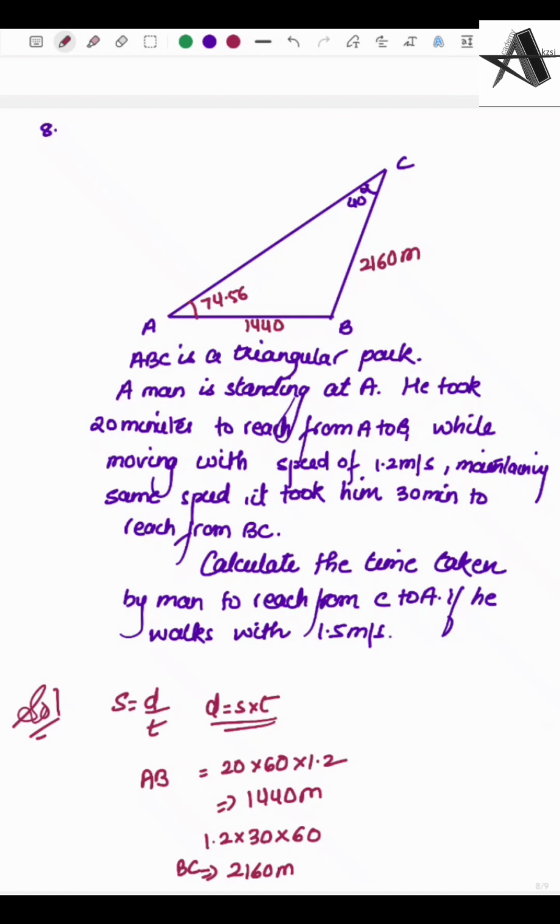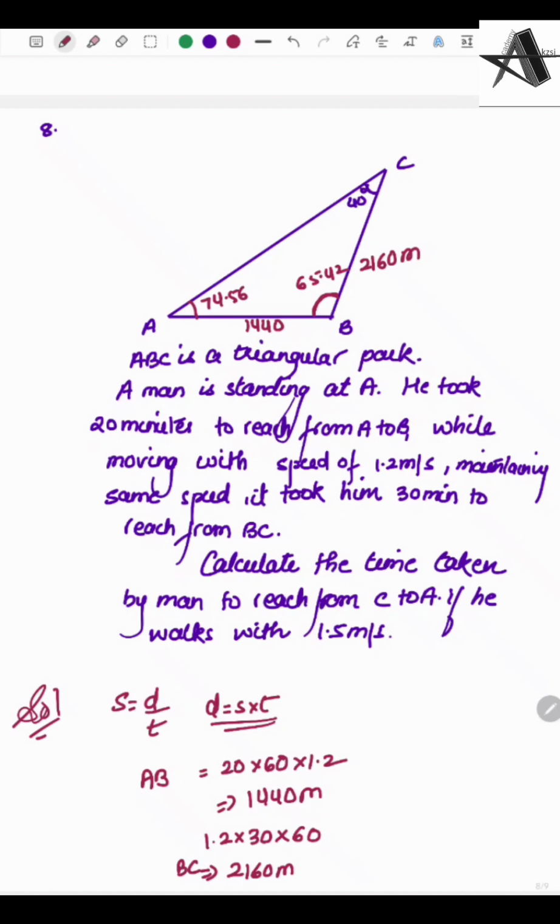So both the sides, that means an angle and opposite side, are unknown. So for that I need to calculate other angles, so that by applying angle sum property I can calculate this one. So we know that the sum of all the angles in a triangle is 180 degrees. So from here I can calculate this to be 65.42.